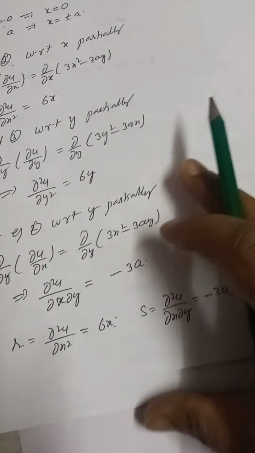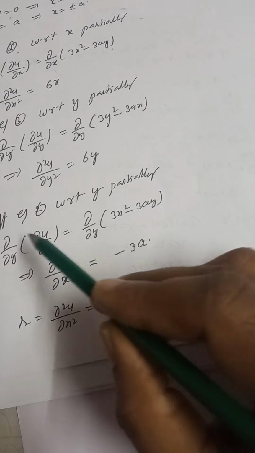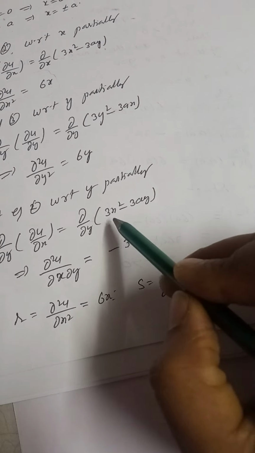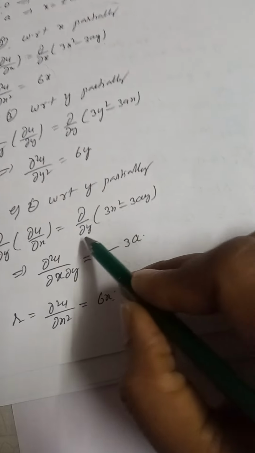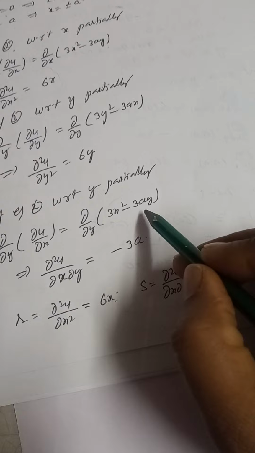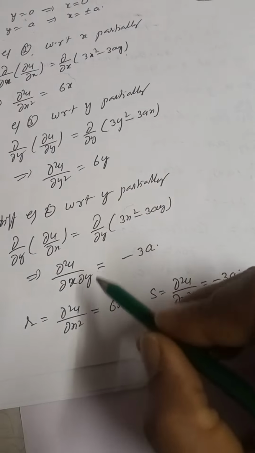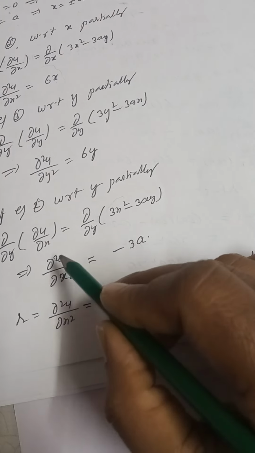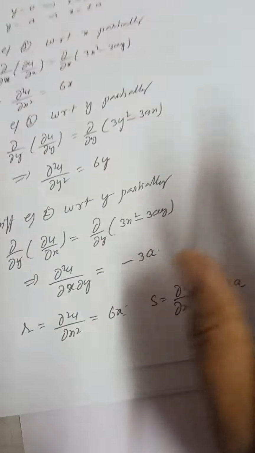Now differentiate equation 2 with respect to y partially, ∂/∂y of ∂u/∂x, which is ∂/∂y of (3x² − 3ay). The first term becomes 0, the second term is −3a. We know that ∂²u/∂x∂y equals ∂²u/∂y∂x; both are the same.